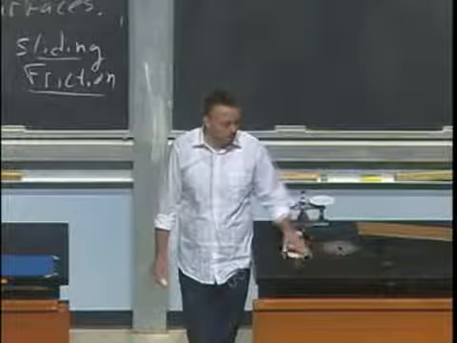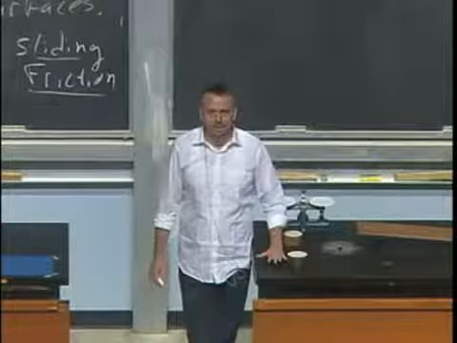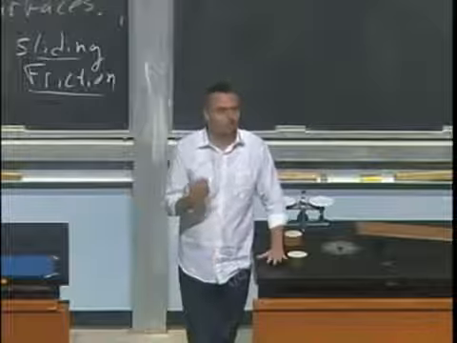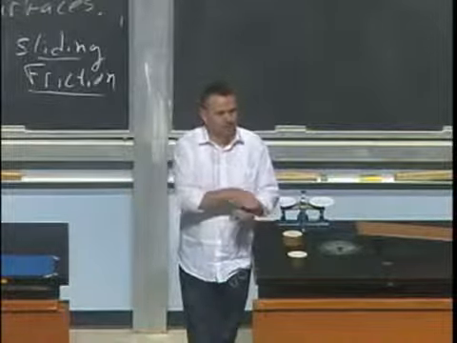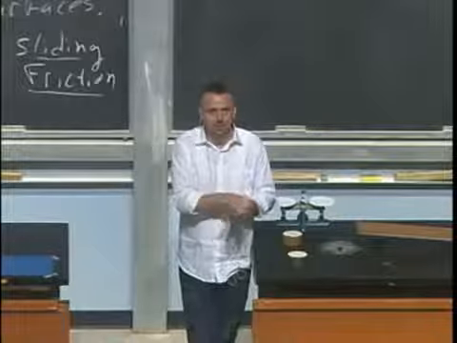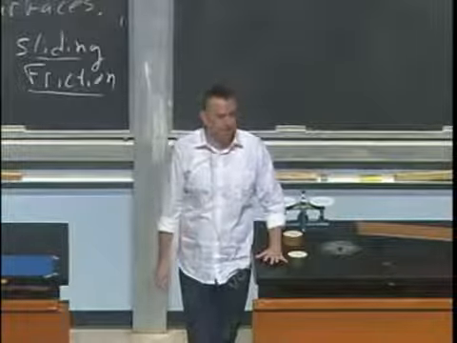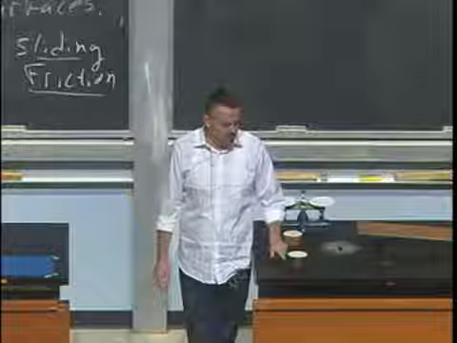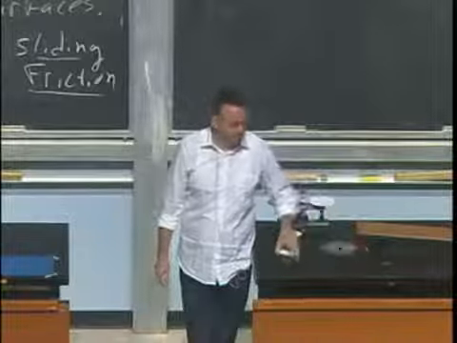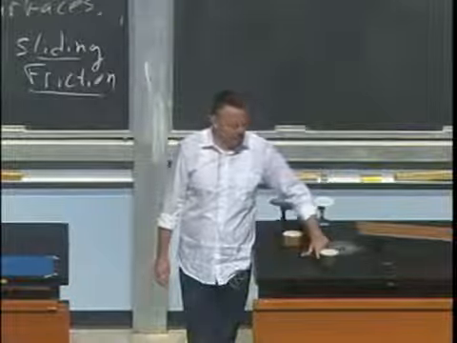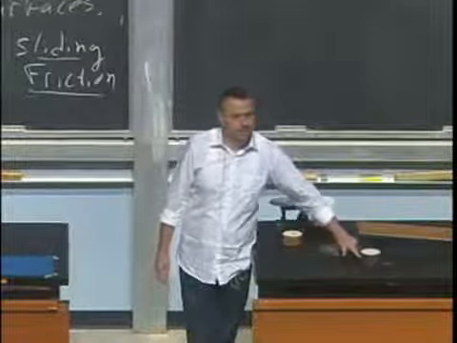When it's not sliding, I'm still exerting a force on it, but the frictional force is pushing back. But there is no slipping. It's sitting there still. That's static friction. And then if I push it hard enough, it starts to slide. Then there's also friction, but that's friction between the two surfaces as they're slipping over each other.